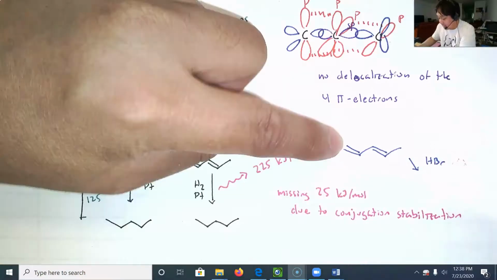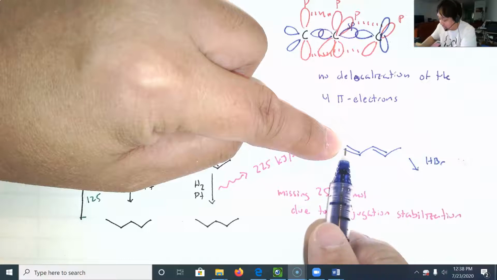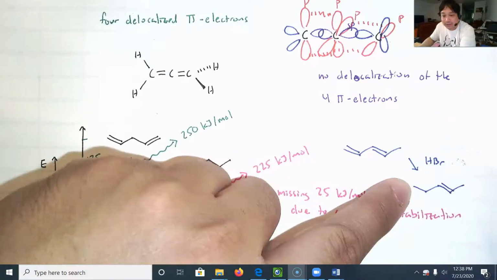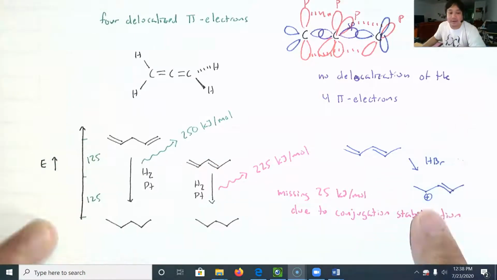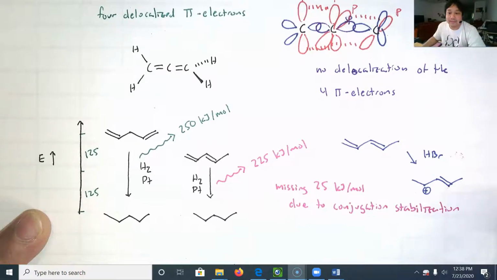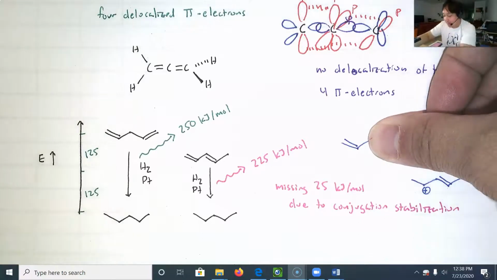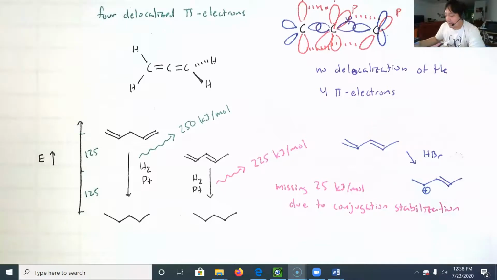So here's actually the carbon that has the most hydrogens in the pi system, 2 hydrogens. So that last carbon is going to get the hydrogen, which renders this carbon a carbocation. And then normally, if this was just one double bond, you would put the bromine right there, right where the carbocation is. What do you notice about this?